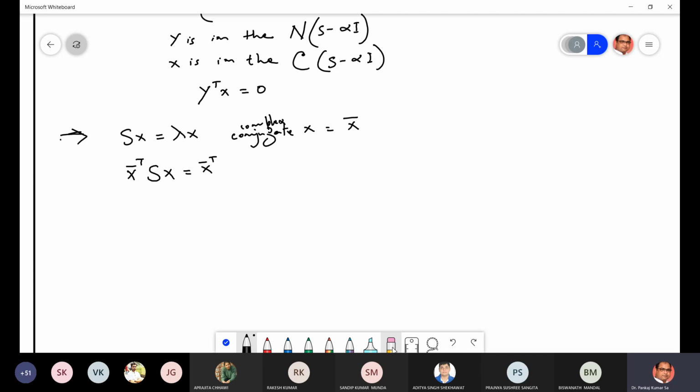Remember, I am not writing minus t, okay? I can take lambda out first because it's a scalar quantity.